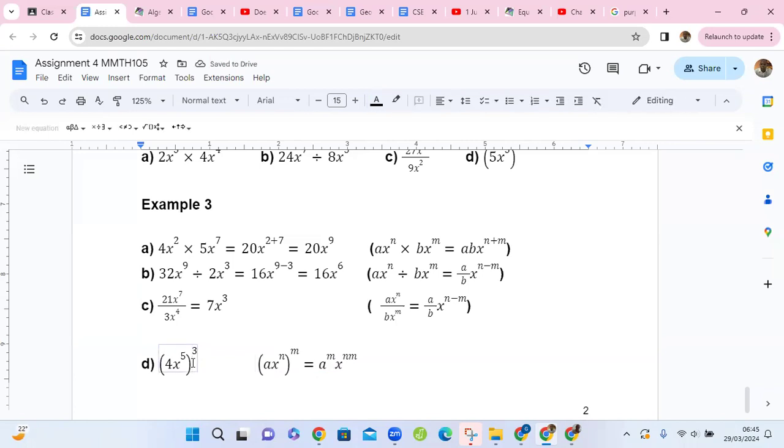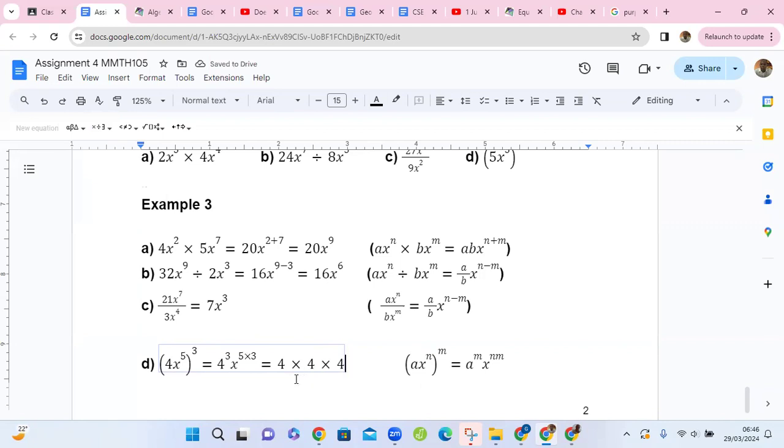So basically, in this case, 4 will be raised to 3, times x will be raised to the 5 times 3. Multiply the exponents. And 4 raised to the 3, that's 4 times 4 times 4.